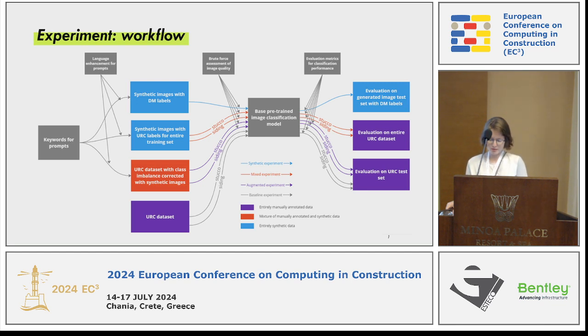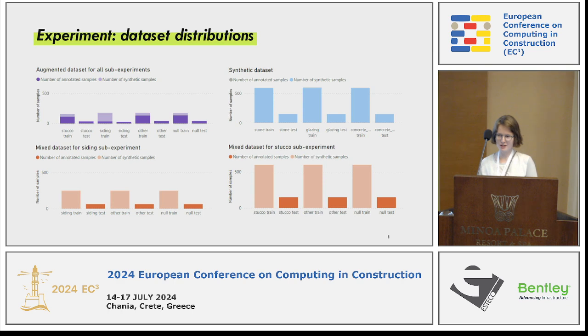These 3 experiments were curated in a way to evaluate the error distribution, to see how closely they resembled the error distribution of the baseline. As such, there are a few characteristics of the datasets that are worthwhile to mention, since the different datasets had different sizes for the experiments and the classes. For all the experiments except the synthetic, the labels siding, stucco, other, and null were used.